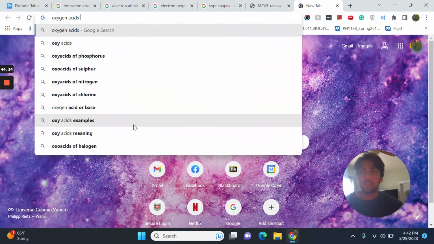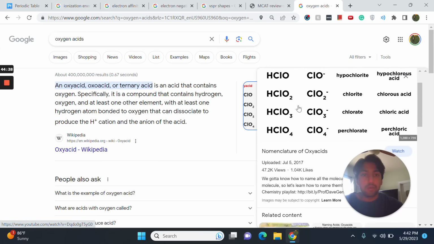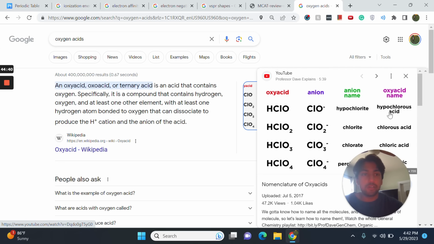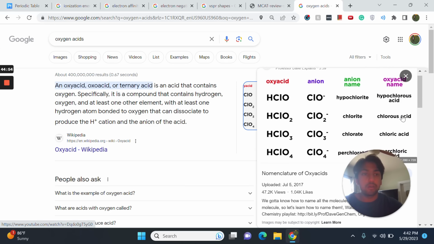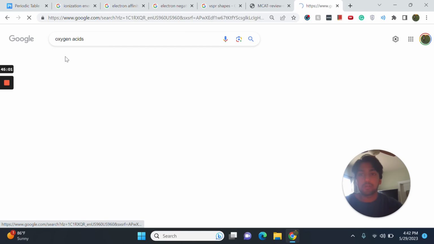So if I'm looking at the acid version of this, right, then it's an oxyacid. And the anion name, this one, is hypochlorite. But if I was looking at the acid version, then it would be hypochlorous acid. Okay? Chlorous acid, chloric acid, and perchloric acid. Makes sense?